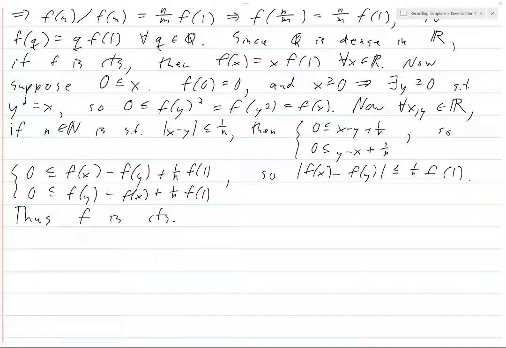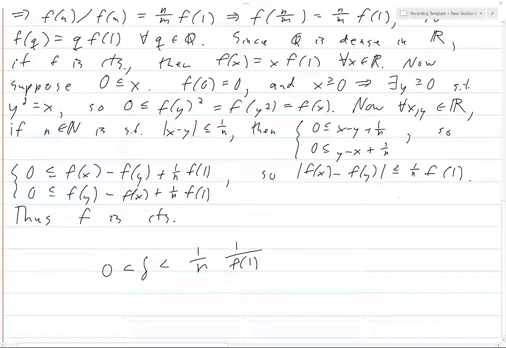And so what you choose is delta to be between 0 and 1/n times 1/f(1), then what's going to happen is if |x − y| ≤ delta, then |f(x) − f(y)| is going to be less than or equal to delta over n times f(1).